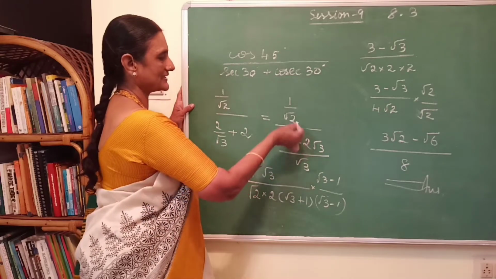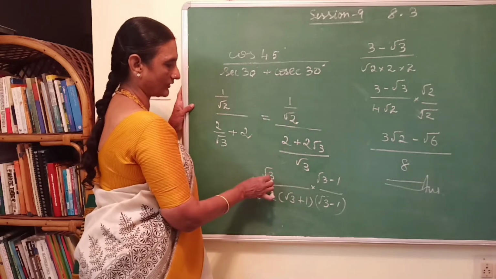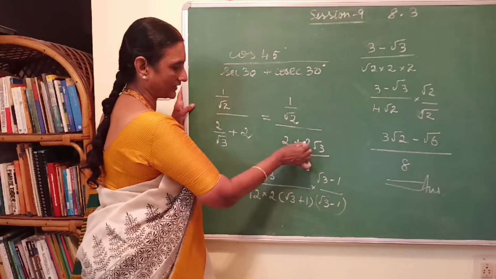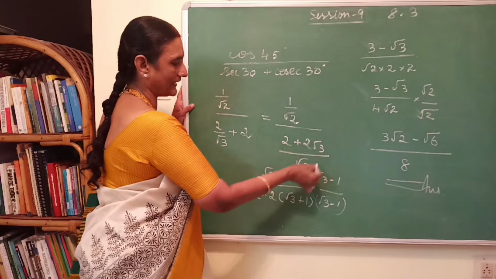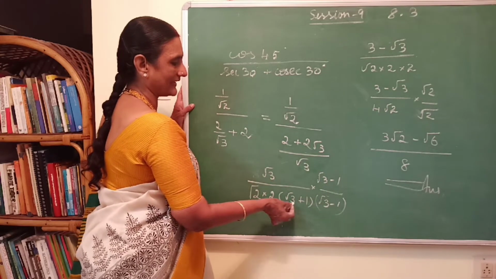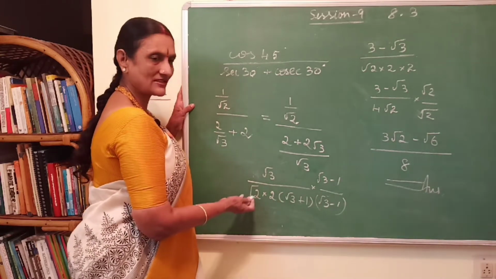So, denominator will go up. So, if it goes up, we have got root 3 divided by 2 plus 2 root 3. I have taken 1 2 outside. So, I have got 1 plus root 3. Both are positive. And just in order to avoid the negative sign, I am just writing this as root 3 plus 1.